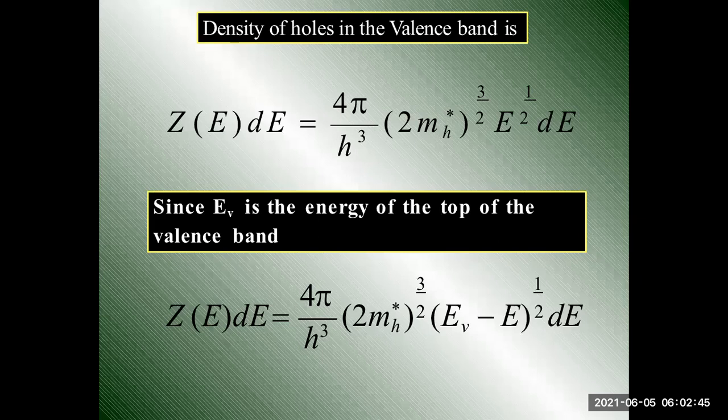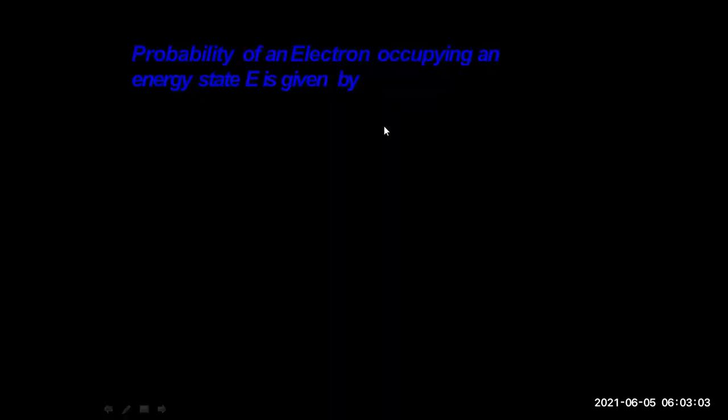The same way, only the replaced part; what you will get for the valence band is the same aspect. See, instead of me you will get mh asterisk whole to the power of 3 by 2. Now, instead of E minus EC, here you will get EV minus E. Right now, for that instant, we are not going too far into this particular equation.